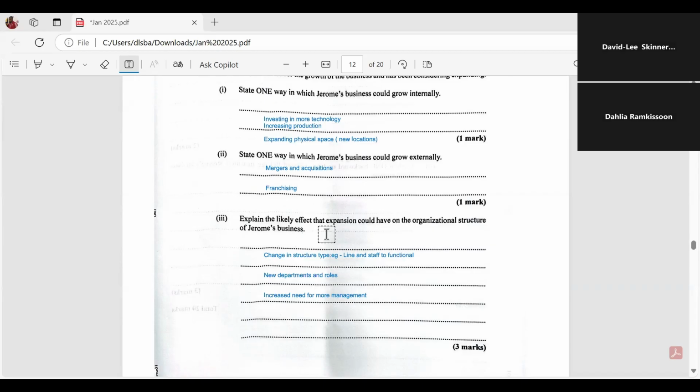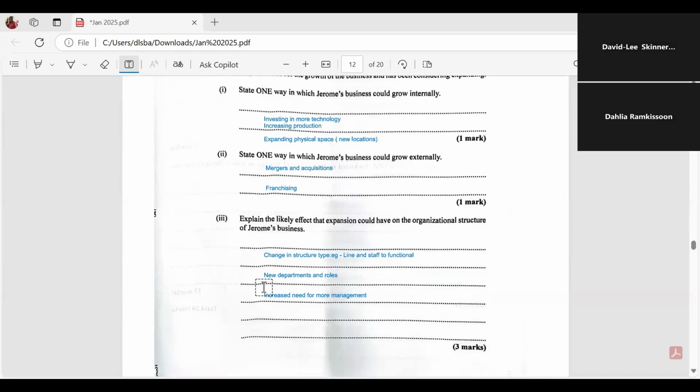Right? This would most likely change the organizational structure from a simple line or line and staff structure to a more complex one, most likely a functional organizational structure. This will also increase the need for more management as there will be more employees to oversee.